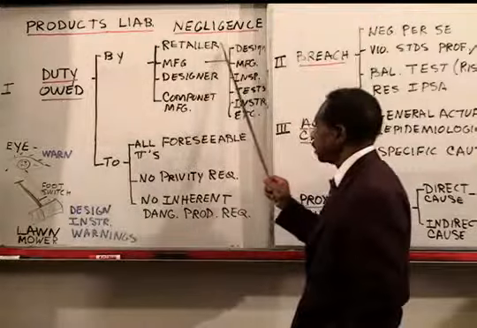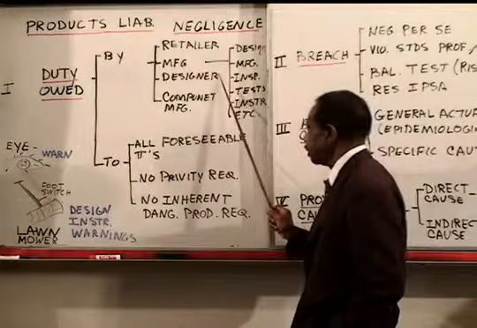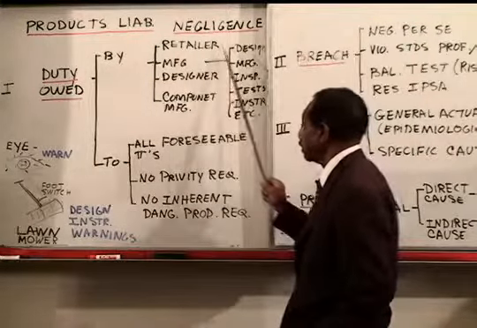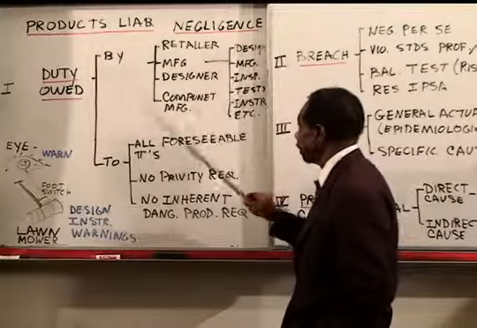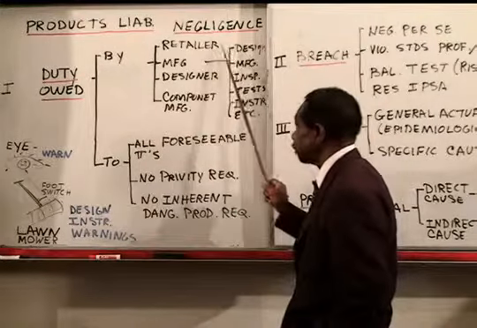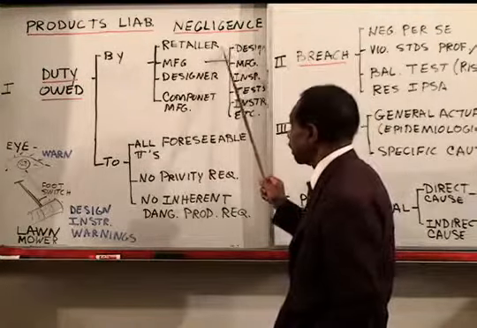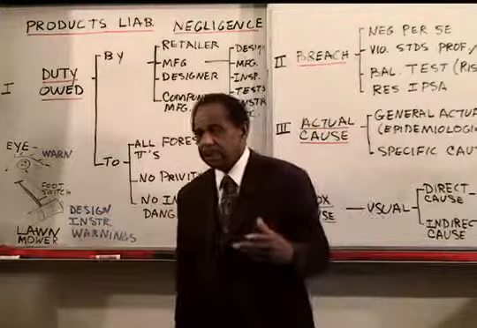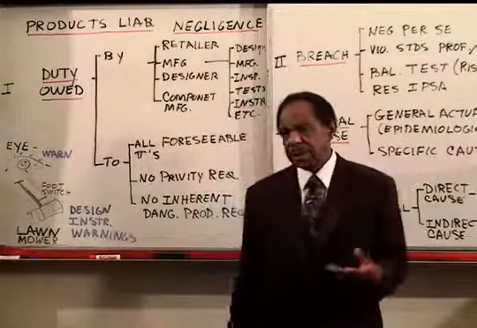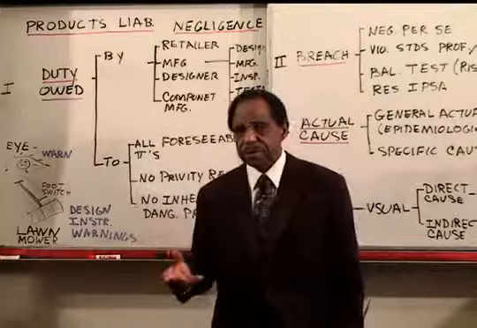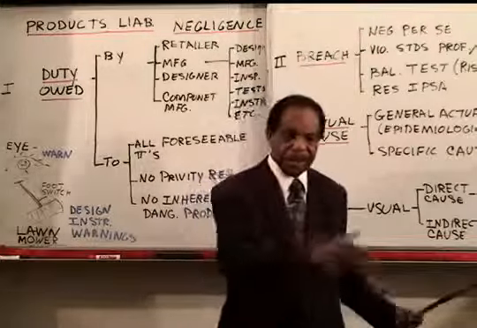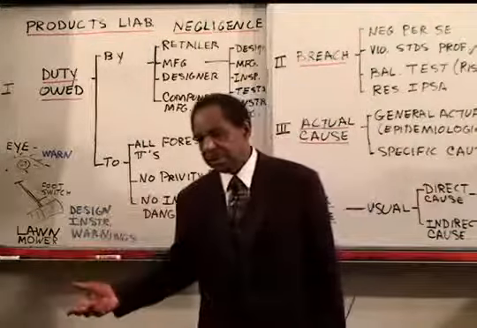The retailer, let's look at, so the designer can be negligent. Obviously, the retailer can be negligent. You can be negligent by failure to warn. The retailer, let's talk about the retailer for a minute. The way the retailer can be negligent really is only a few things that the retailer does. The retailer buys them from somebody else and sells them to you.